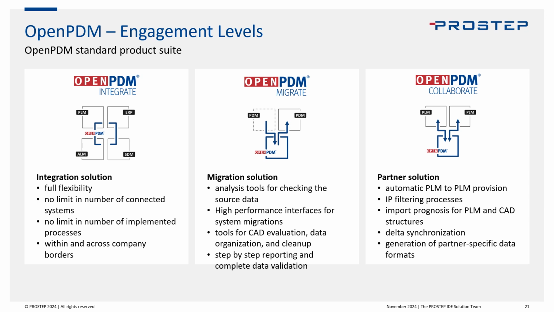And this includes the ability to do some IP filtering to bring just what's necessary from your PLM into that neutral PLM or exchange between different partners, as well as the ability to do a delta synchronization in order to really try and tune the performance down to what just needs to be synchronized for that interval, because a lot of times this is a massive amount of data that might be shared.